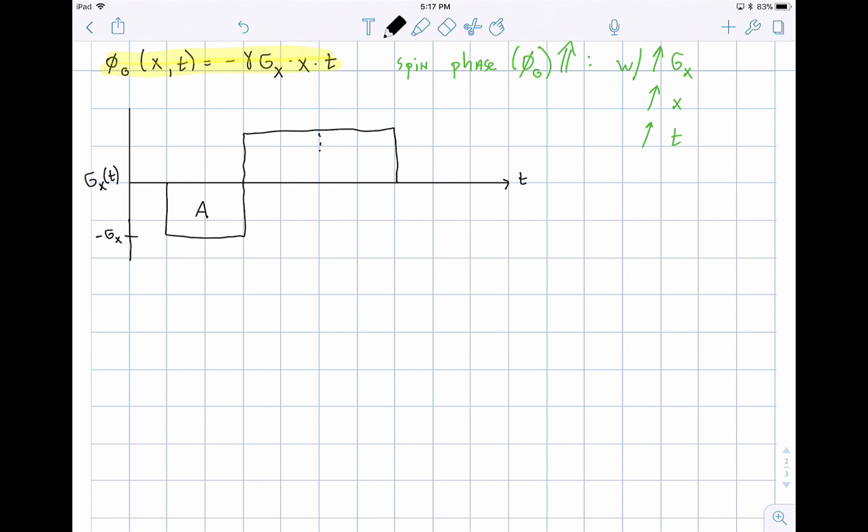So this has an area of A plus area of 2A, and it has an amplitude that I want to associate with plus gx. So that's the gradient waveform that we care about, a gradient that's negative for some period of time, and then it's reversed in its amplitude. We can have positive gradients, we can have negative gradients, right? It's just the direction of the current that's swimming through the coil. And then I want to talk about what happens to the phase of a spin depending on the spin's position.